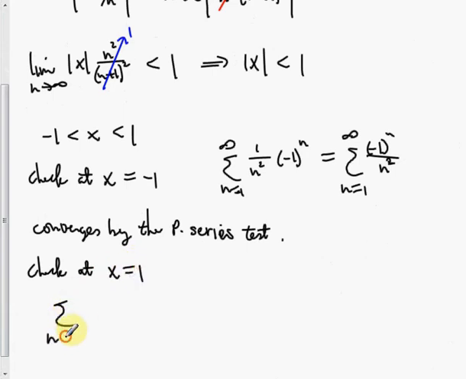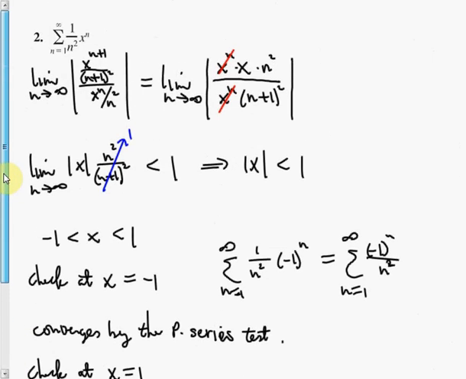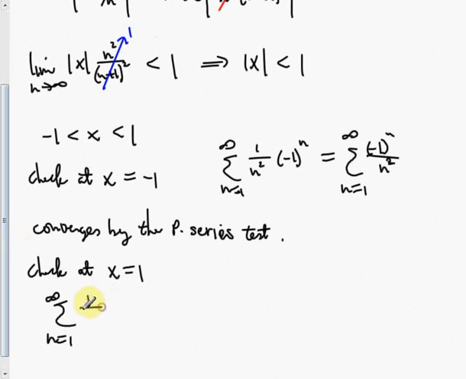This is a summation as n goes from 1 to infinity of 1 over n squared times 1 to the n, which is the summation of 1 over n squared. P-series, convergent.